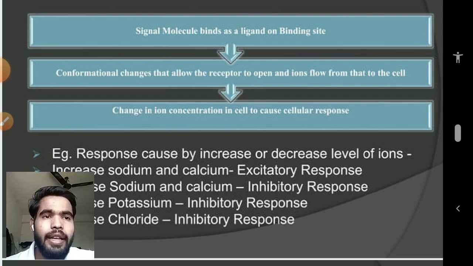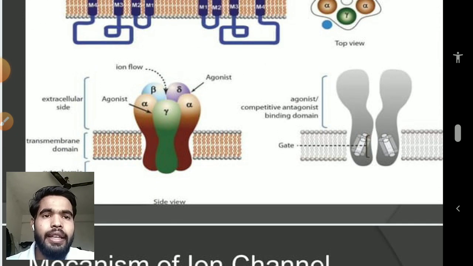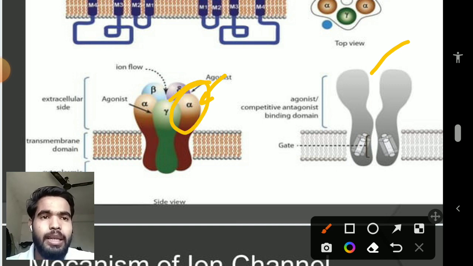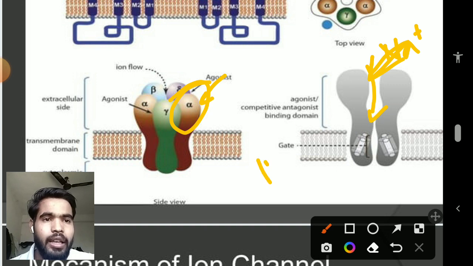Take an example here. Whenever a ligand binds to this receptor, it gets activated and opens the channel. Here a neurotransmitter or ligand or any drug binds to the receptor site present on this receptor and the ion channel opens, and the influx of Na+ ions takes place.